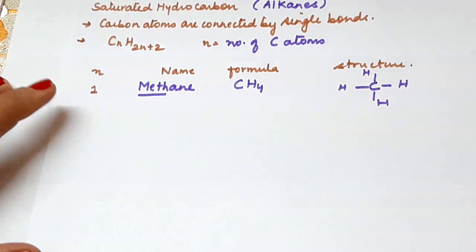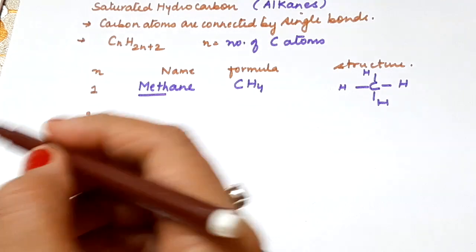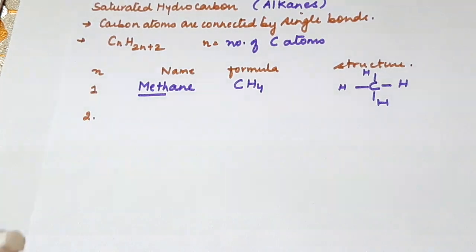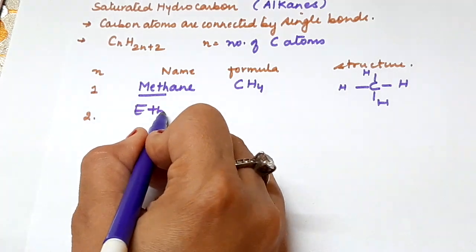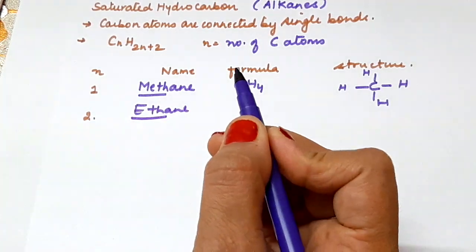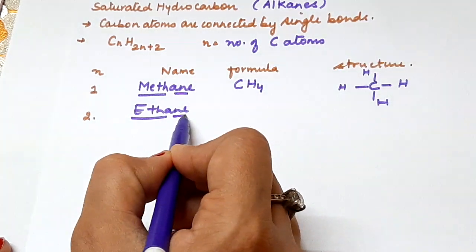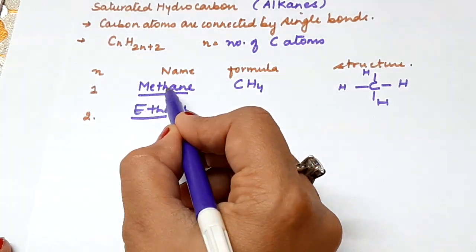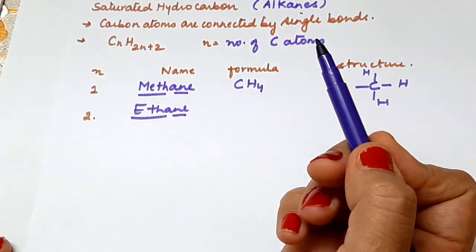Now, if n is 2, that is, the number of carbon atoms is 2, then it is ethane. Eth, and ane is for alkane, right? So ane will be in all of them. Meth is if the carbon atom is 1, if the carbon atoms are 2, then we call it eth, and ane is because this is an alkane.